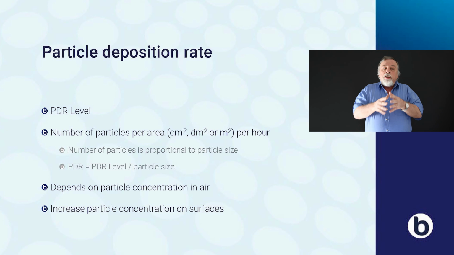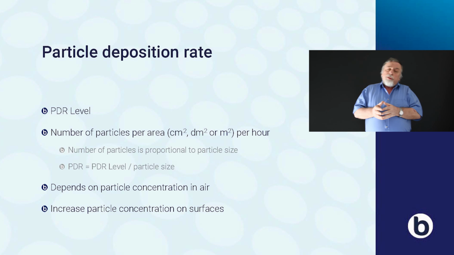It's expressed in number of particles per area in square centimeters, square decimeters or square meters per hour. The number of particles that deposit is inversely proportional to the particle size. The particle deposition rate can be found by dividing the particle deposition rate level by the particle size d.